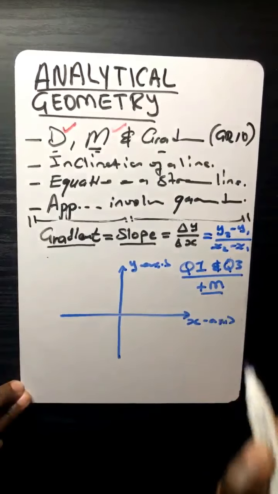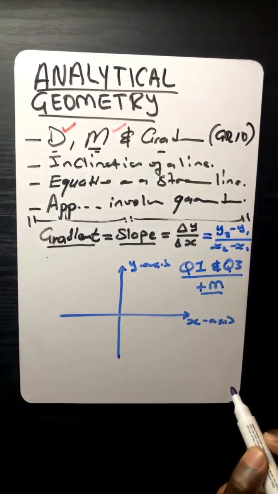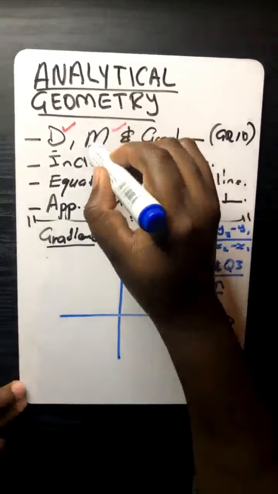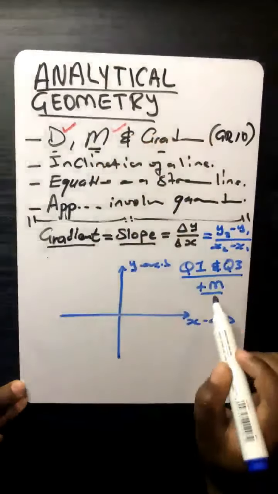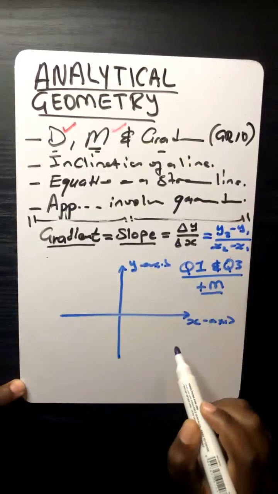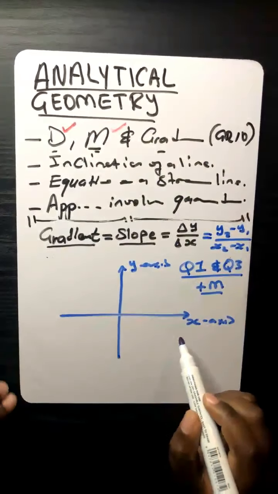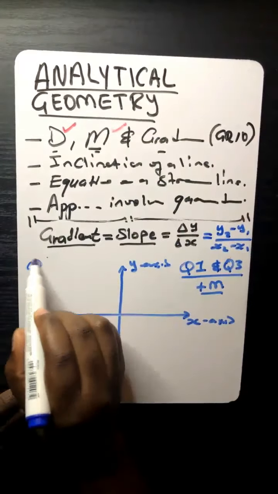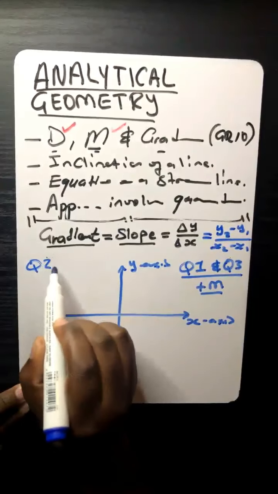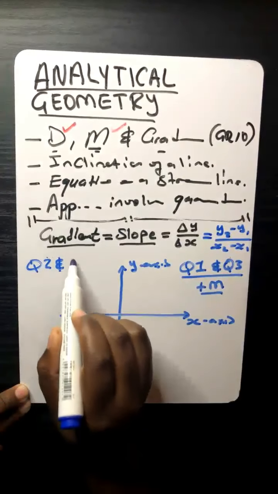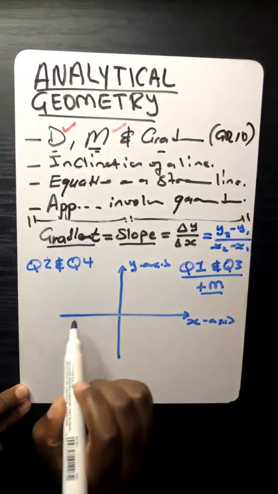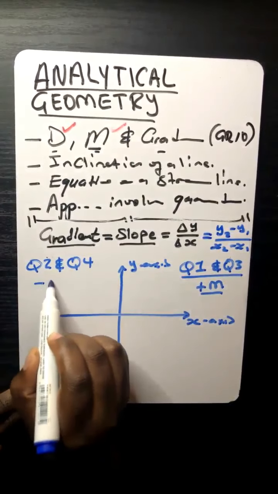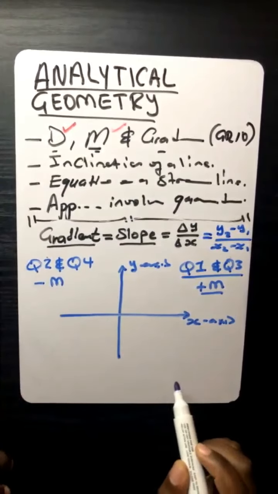Remember, gradient is also represented by m, which is small letter m. Capital letter M refers to the midpoint, but small letter m refers to the gradient. So for a straight line passing through quadrant number 2 and quadrant number 4, it has a negative gradient. So what do I mean by that?